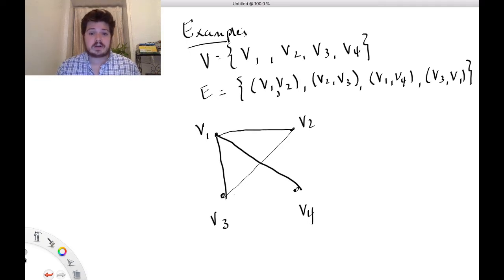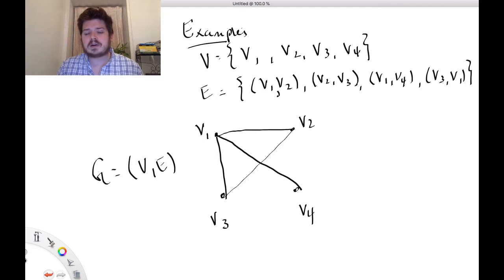So this is what the graph looks like. By the way, unless I say otherwise, everything will be assumed to be non-directed graphs. So if you see a graph, assume it's not directed. Directed graphs are a bit more interesting, so you might be told if a graph is directed.